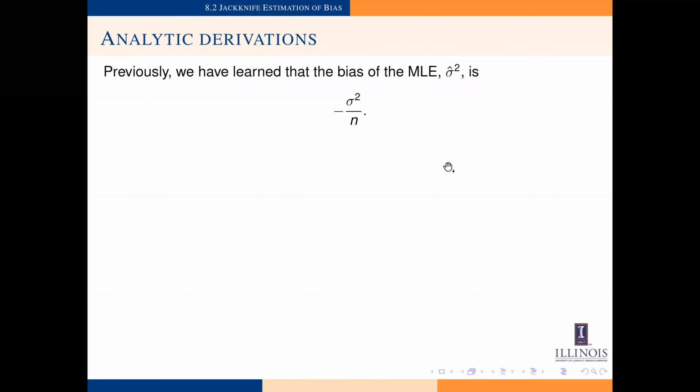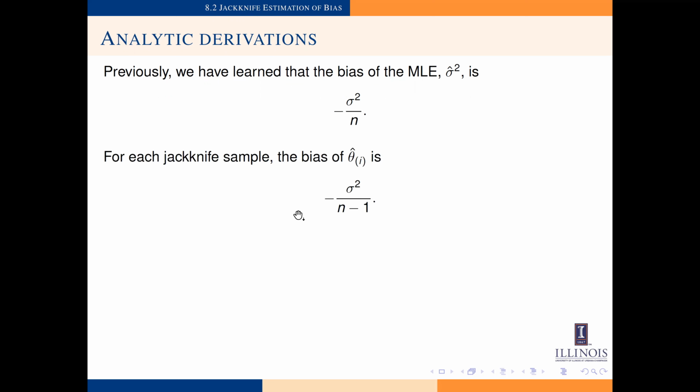Let's see an analytic derivation of this. Previously, we have learned that the bias of the MLE sigma hat squared is given by negative sigma squared divided by n. For each Jackknife sample, so the theta hat i's, when we calculate the theta hat i's, we are using n minus 1 IID samples.